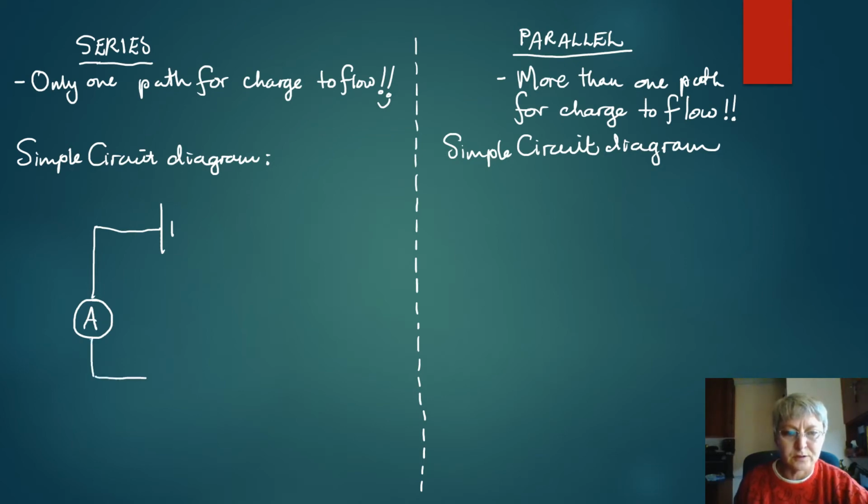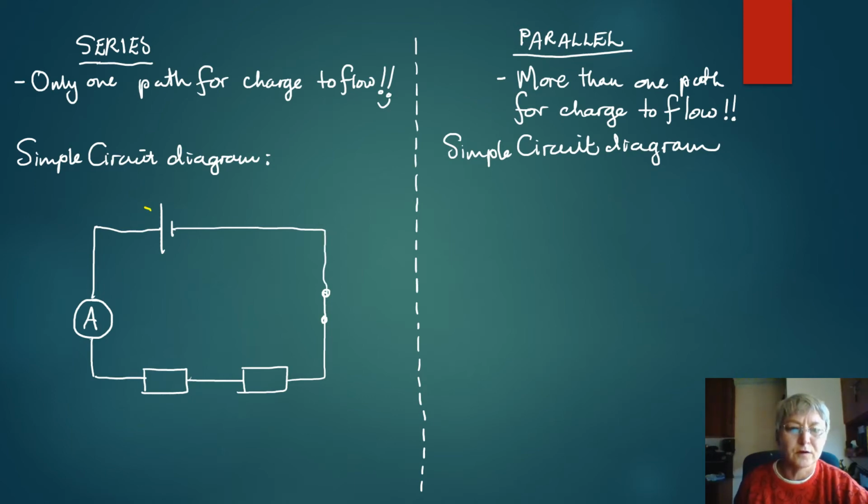Let's say we've got one resistor connected in series to that ammeter, and a second resistor connected in series to that resistor. There's a switch in the circuit that is closed, so we know that the current will flow, and the direction of the flow of current is, in this case, anti-clockwise. The current that flows into the ammeter here would flow out of the ammeter there, and it flows into the resistor R1.